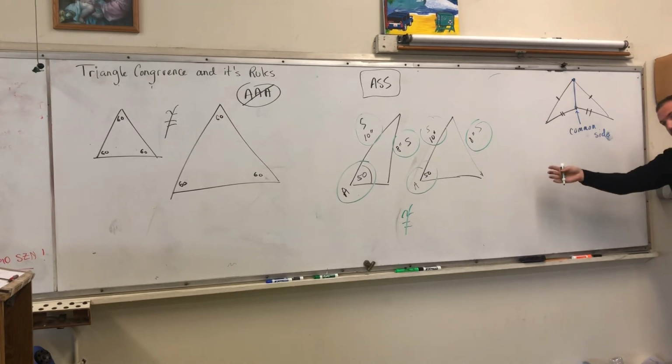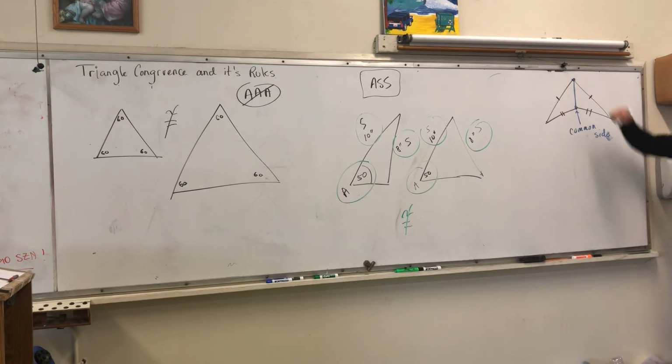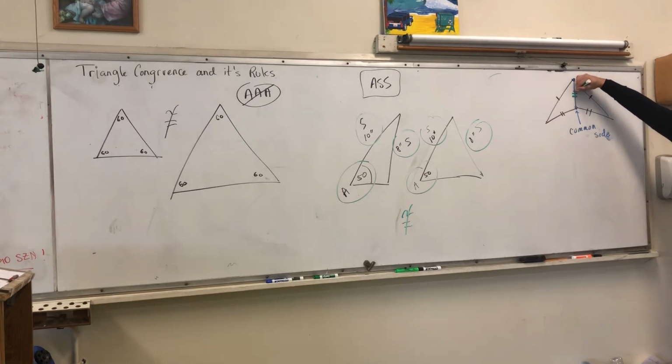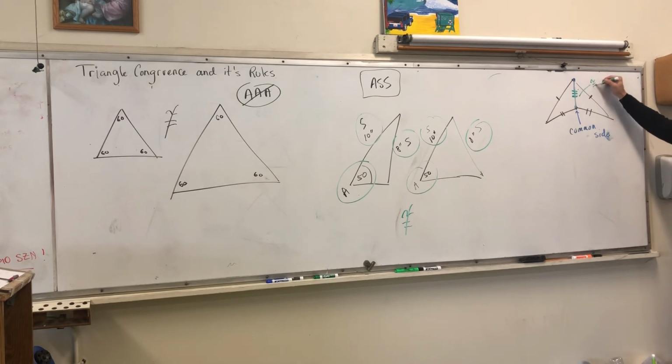Let's say this person uses it one day, the next day it's the same. It has to be the same thing. So if you see a common side between two triangles, identify that as a congruent side, which would allow me to identify this triangle as congruent by side.